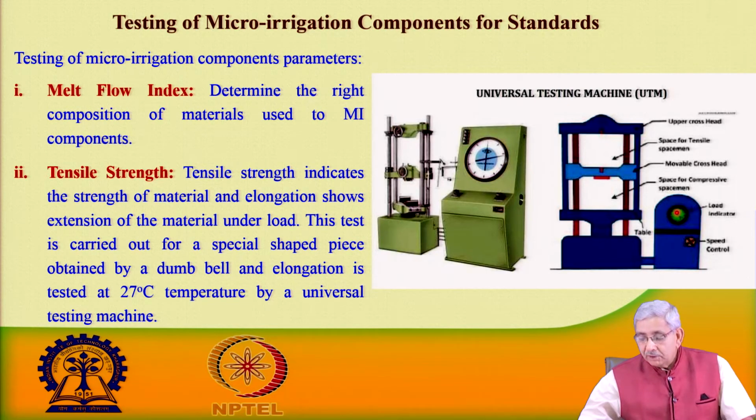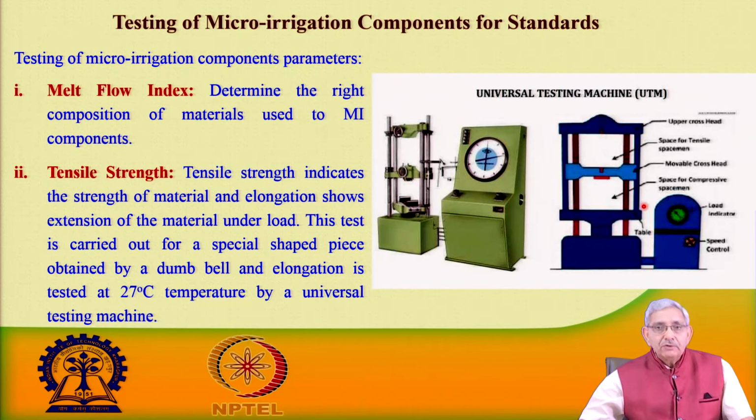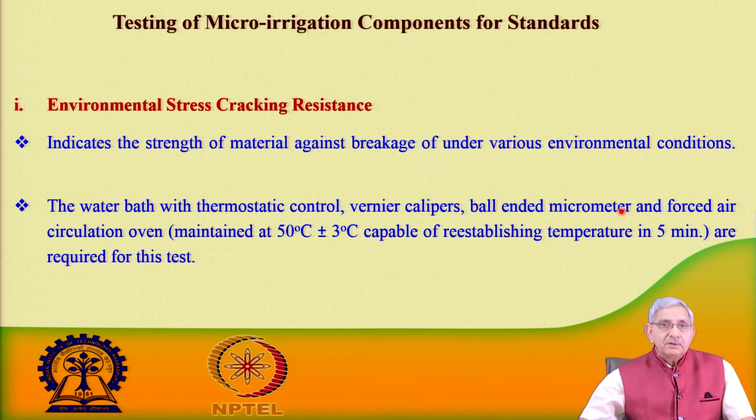There is a load indicator showing how much load we are giving. This test is carried out for a special dumbbell-shaped piece, and elongation is measured at 27 degrees temperature, and then the value is obtained, and for a specific product this value is fixed. Accordingly, the tensile strength is measured.